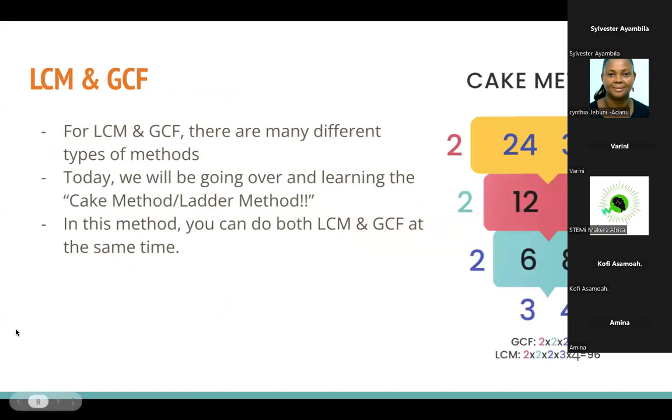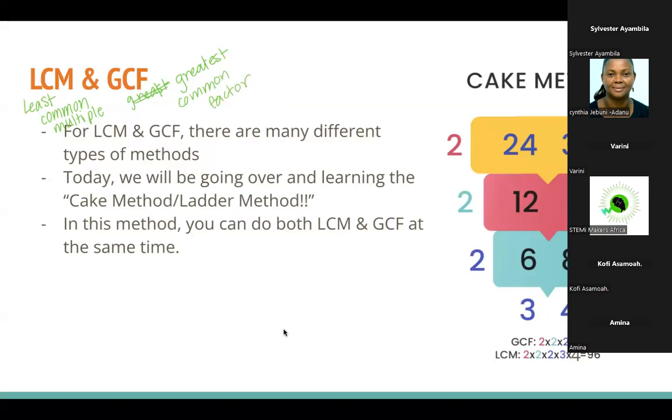The next topic we'll go over is called LCM and GCF. LCM stands for least common multiple, and GCF stands for greatest common factor.